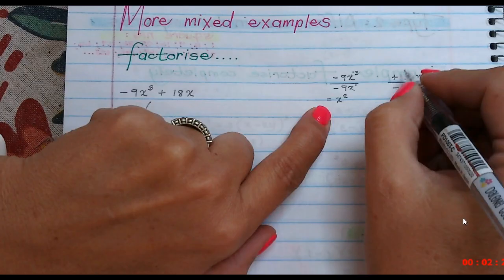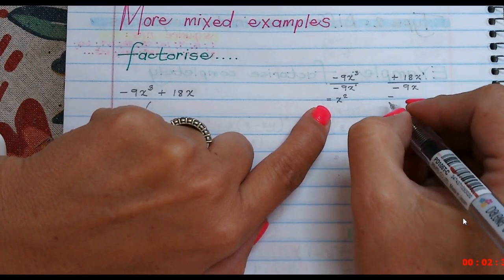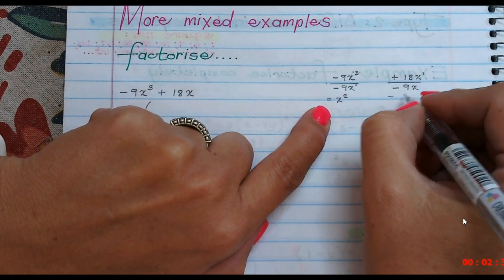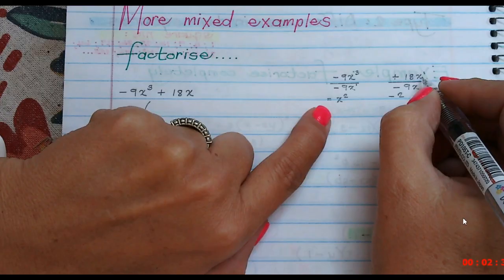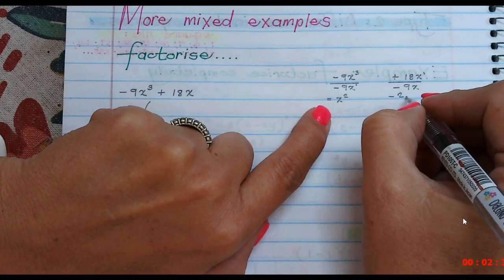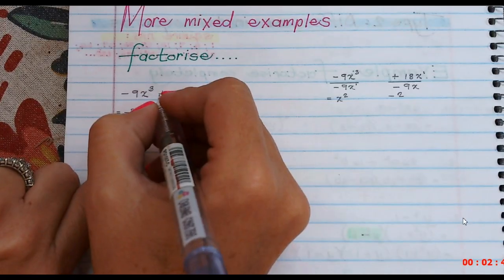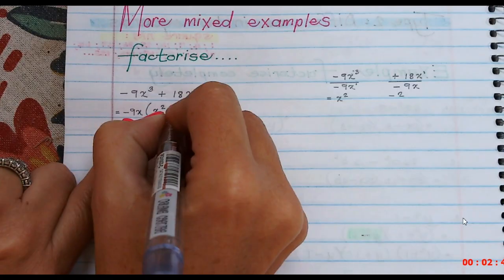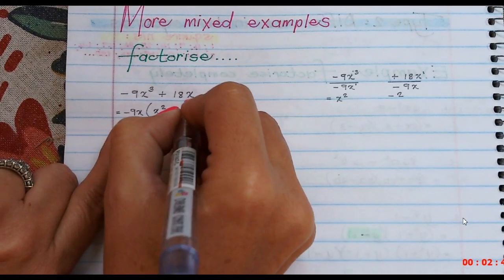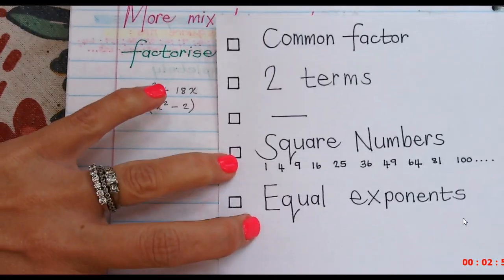When I go to my second term, positive divided by negative equals negative. 18 divided by 9, 2. X divided by x divides out. So I have left x squared minus 2.